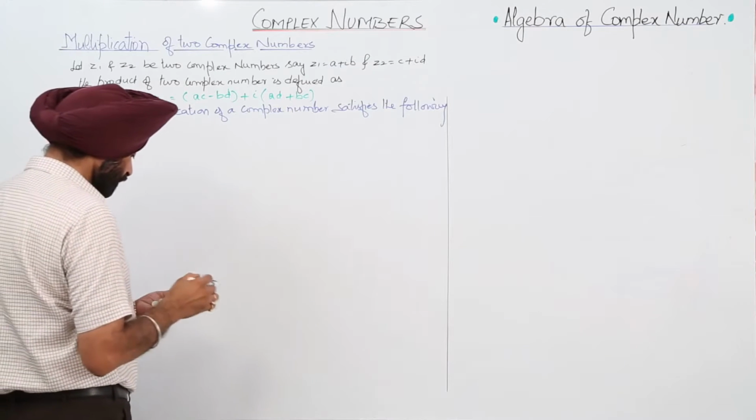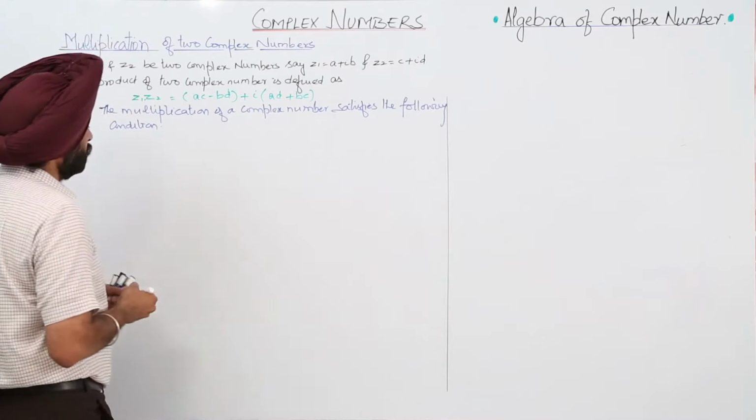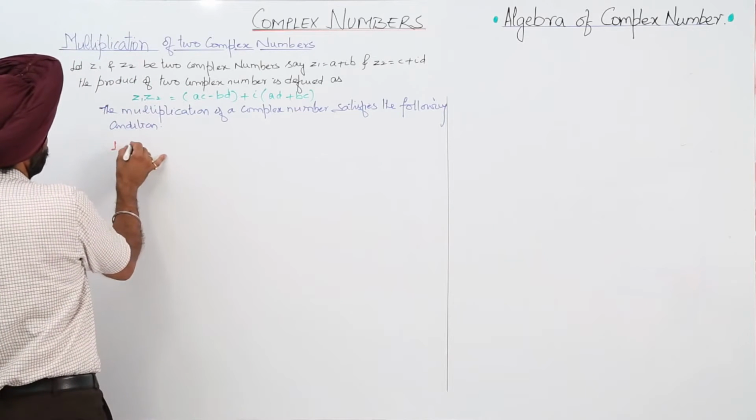Now number 1, as we have done earlier in the addition of two complex numbers, the closure law.